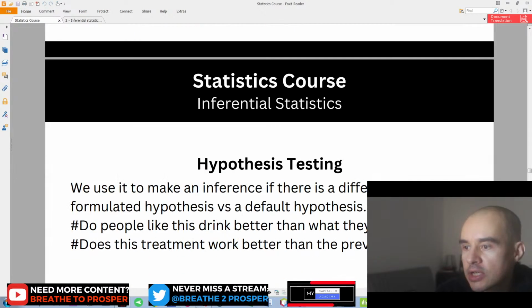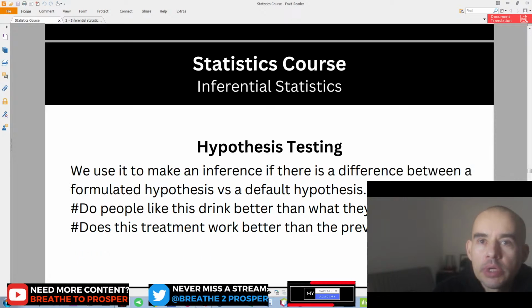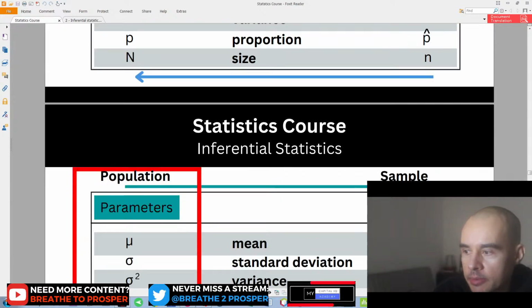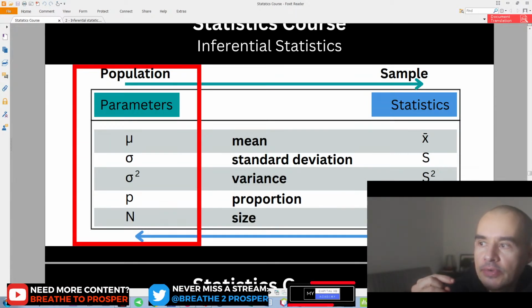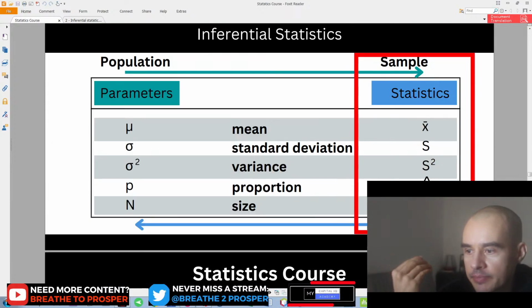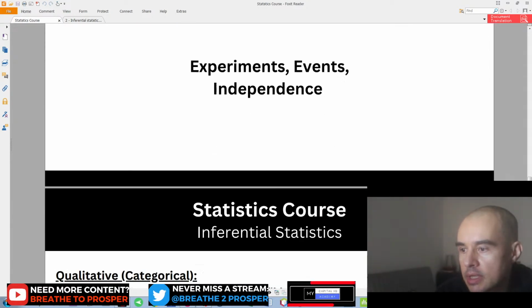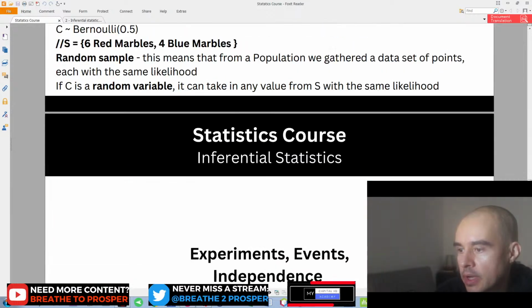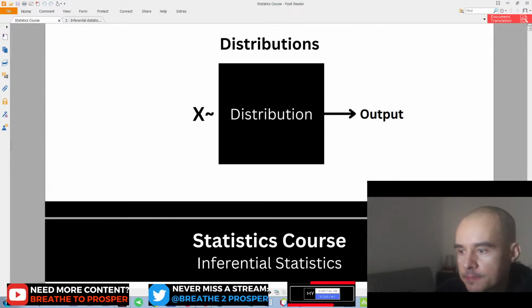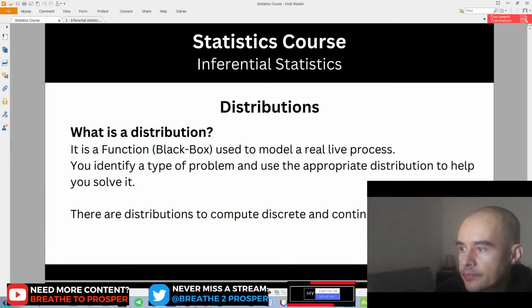So essentially, when we are inferring from a sample to a population, there are some key things that are important to know. Let me just get this a little further away. Okay, here you go.